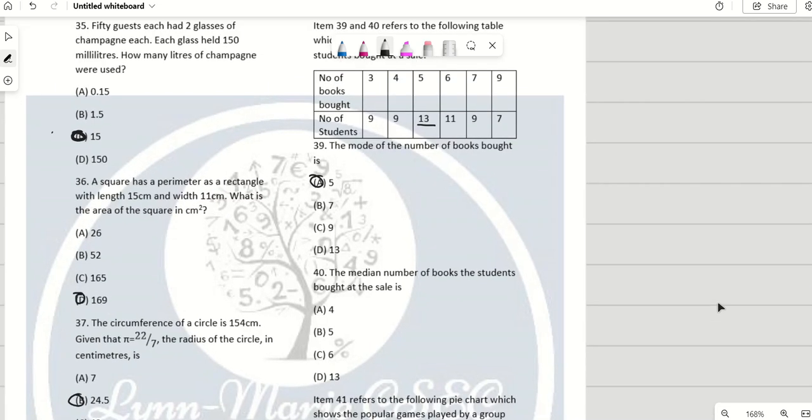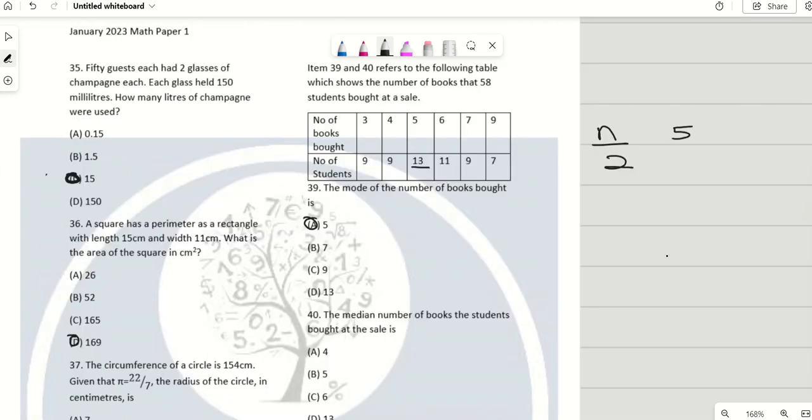The median is n divided by 2. What is the total? They told you the total is 58, divided by 2, which equals 29. So we're looking for our 29th student. Where is our 29th student? Right? So it is 9.